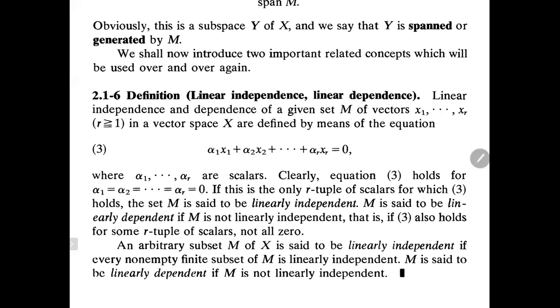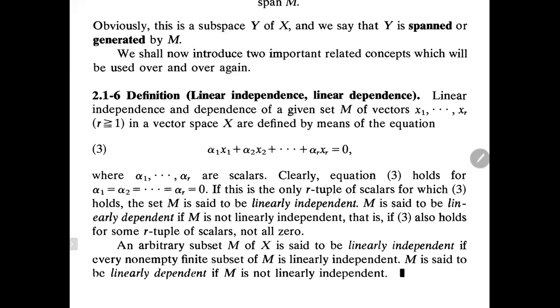For example, we have a set of vectors x1 up to xr in the subset M. So M consists of vectors x1 up to xr, and it is a subset of vector space X. This subset M, or the vectors x1 up to xr, are linearly independent if the equation alpha 1 x1 plus alpha 2 x2 plus so on up to alpha r xr equal to 0 has only one solution for alpha 1, alpha 2, up to alpha r, that is 0.